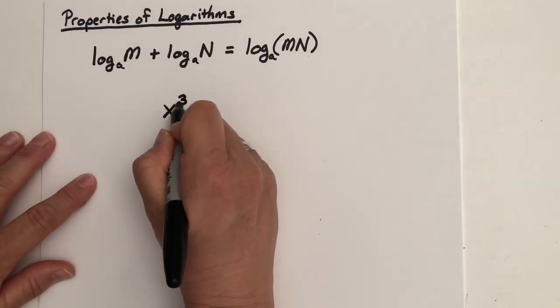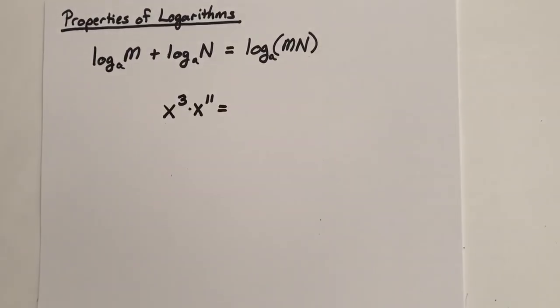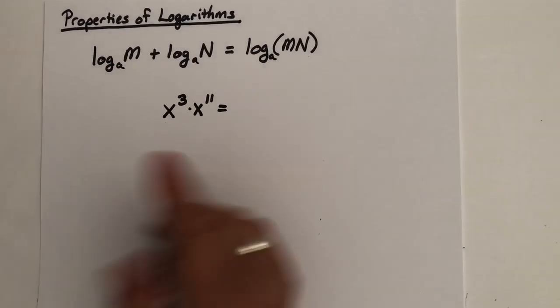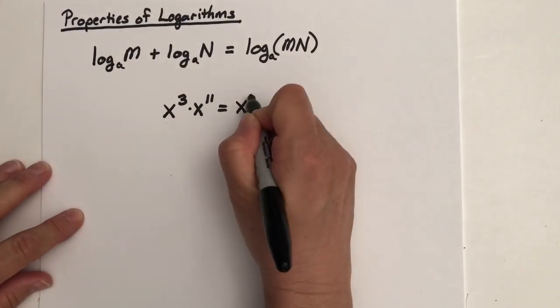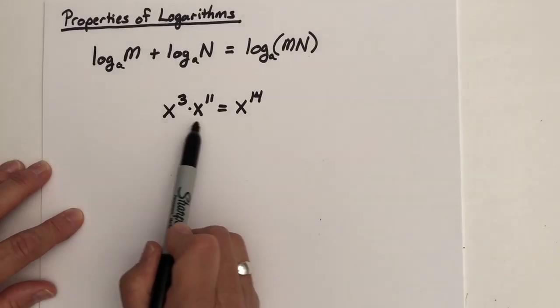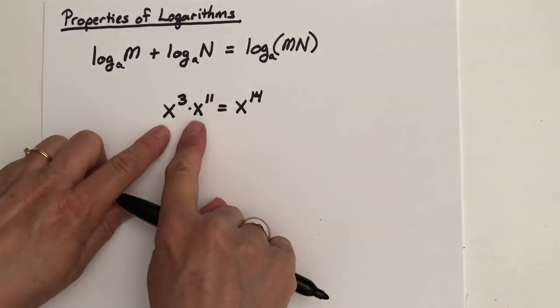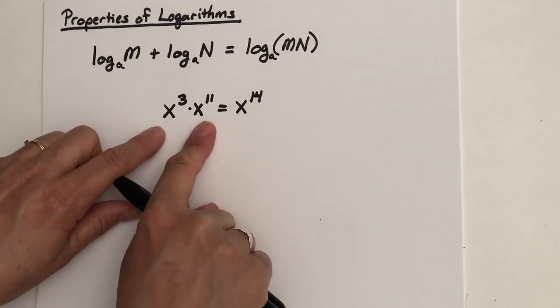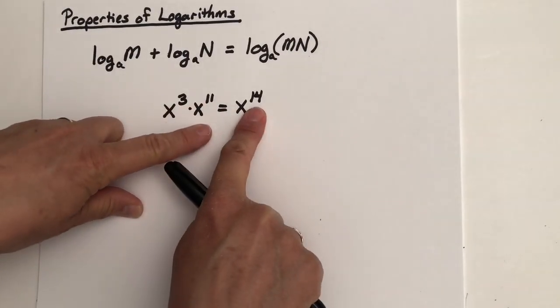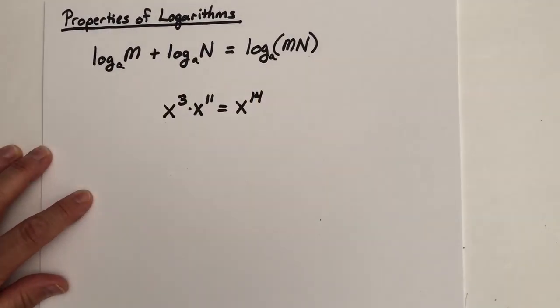If you have x to the 3rd times x to the 11th, we know that the product is x to the 14th. So we know already, based on our study in algebra, that there's a relationship between multiplication and an addition of exponents. And that's what this property is related to.